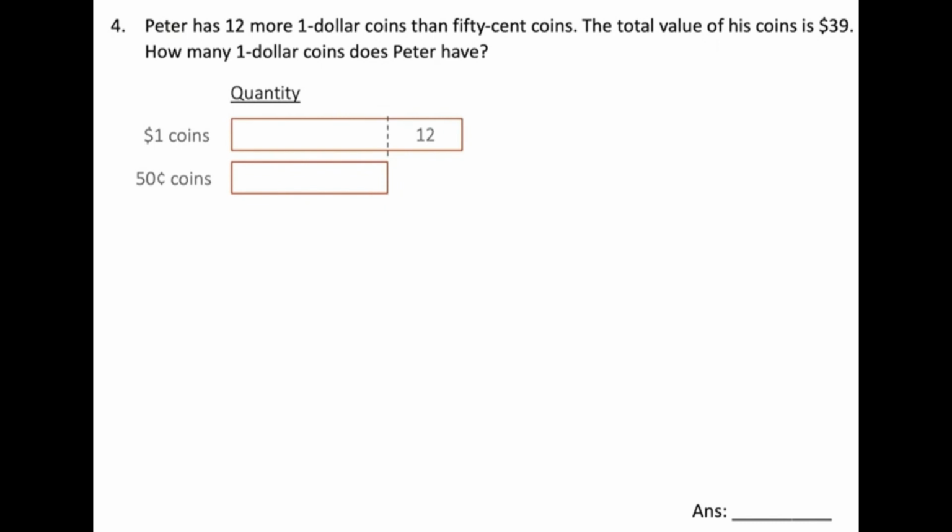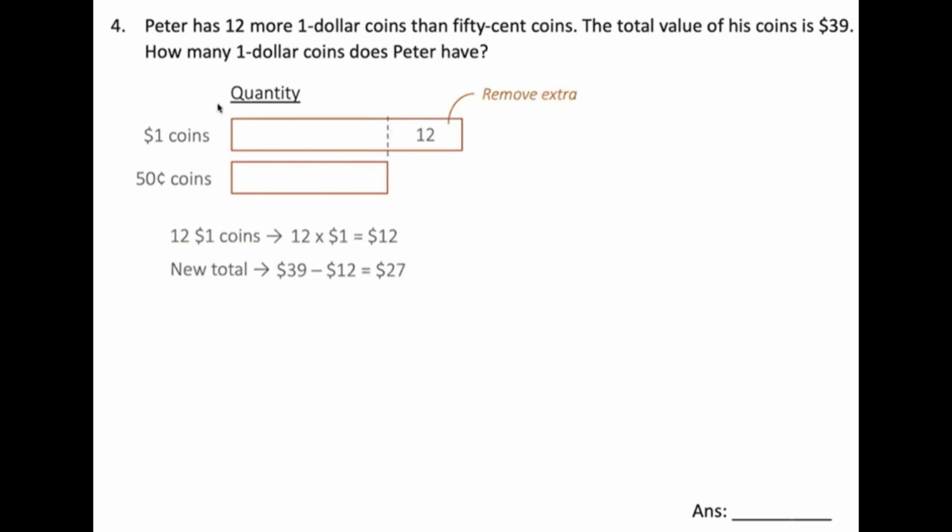Be careful. So again, I must take out the 12 $1 coins. The value of these 12 $1 coins is simply 12 times $1, so $12. Take it out from the total value of coins, which is $39. Remove it, and $27 is the value of the remaining coins.